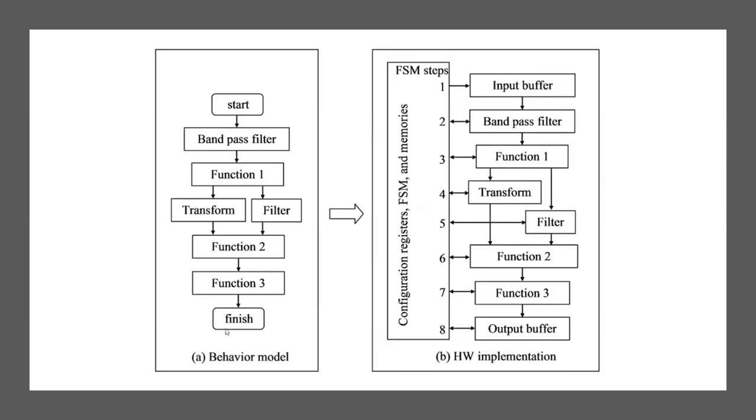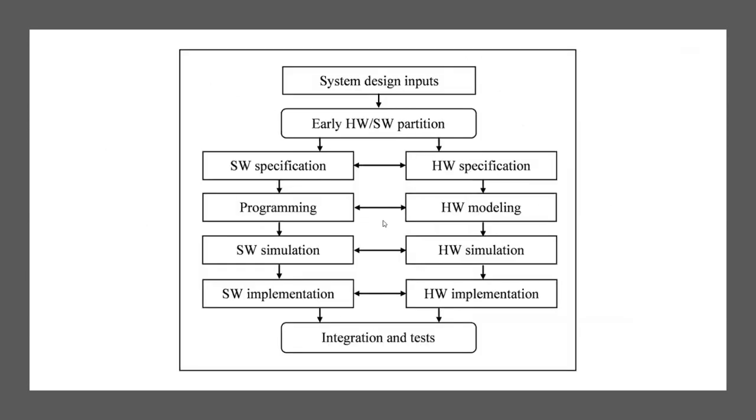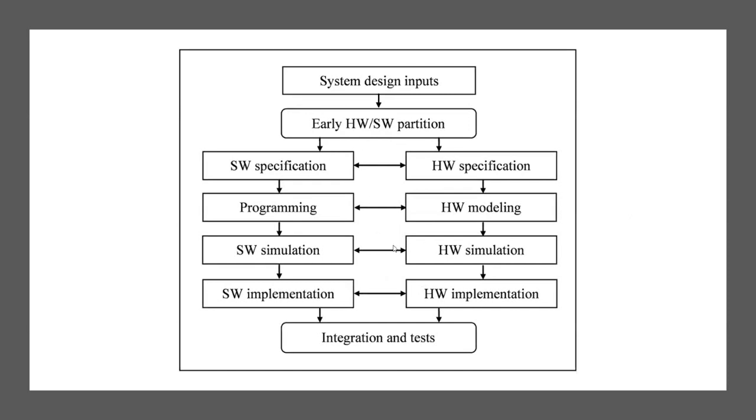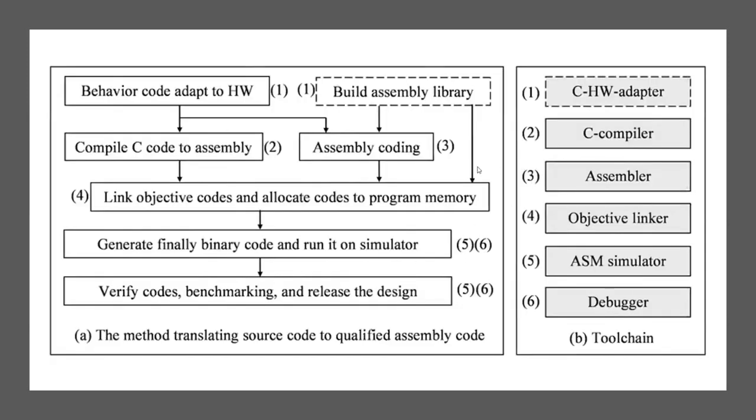These are the behavioral model and hardware implementation, using a spiral design. Then analyze the design and hardware software co-design. Again, hardware software co-design. And then you have the whole design chain for hardware and software.